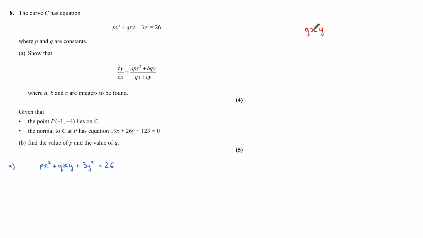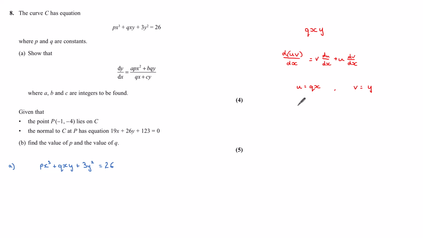If you are able to do this in your head, that's great, but just for those who want a little bit more of a pointer, if I'm differentiating qxy, the product rule is as follows. If we're differentiating two functions u and v, it's equal to v times du by dx plus u times dv by dx, and these are interchangeable. So let's let u equal qx and v equal y. Again, you could let u equal x and v equal qy.